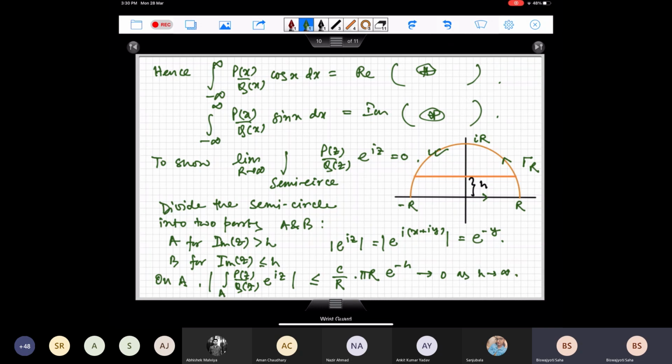And the length of the path, this portion is almost proportional to h. For example, if your h is close to r, then you will get pi times r. So this is proportional to h.